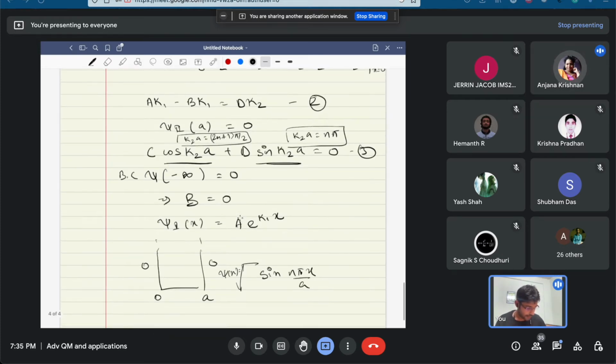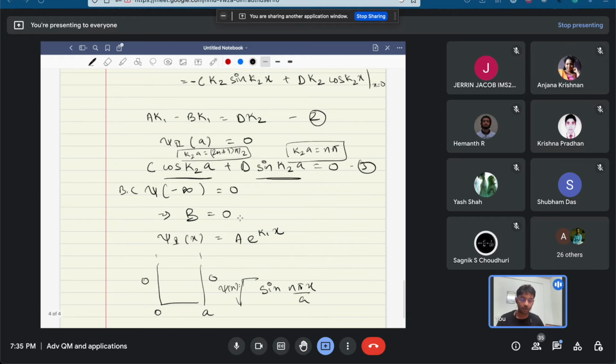So yes, we have found A, and what you can do is normalize the wave function and find out the coefficient. But in this case, you can't really do the normalization, because there are cases where you have, let's say, e to the power i k x, which is a plane wave, and a plane wave usually goes to infinity.